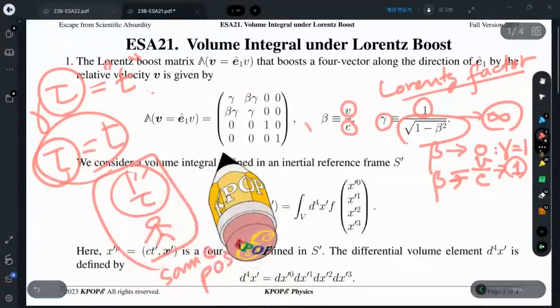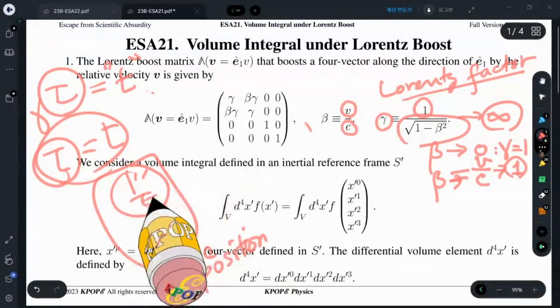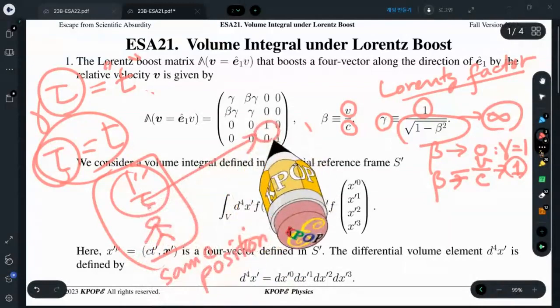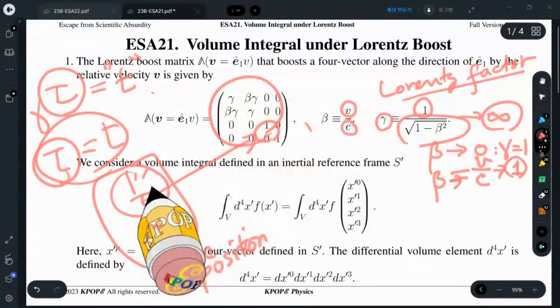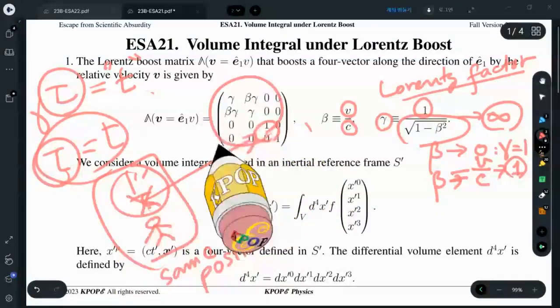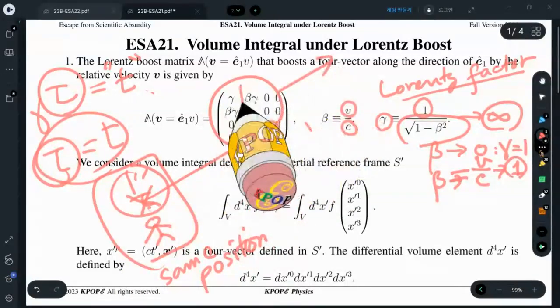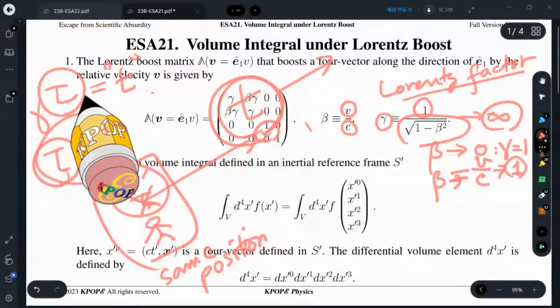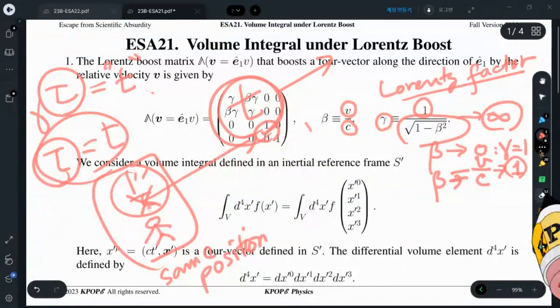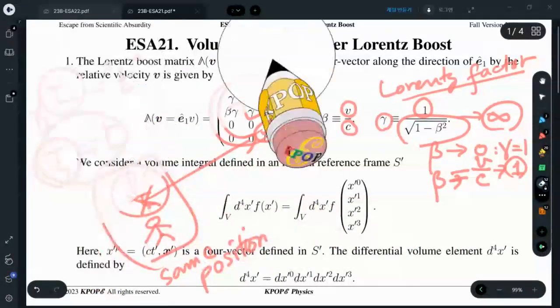If an object is moving with velocity, then this time is not tau anymore. Moving clock shows t, and that t is gamma tau.